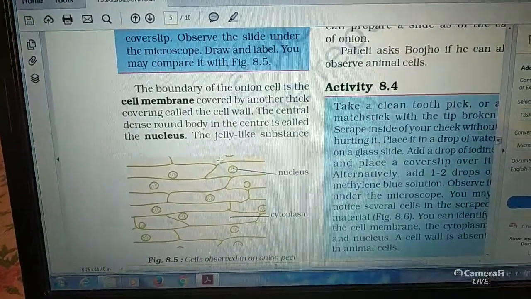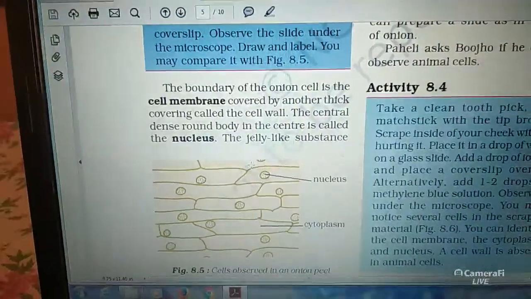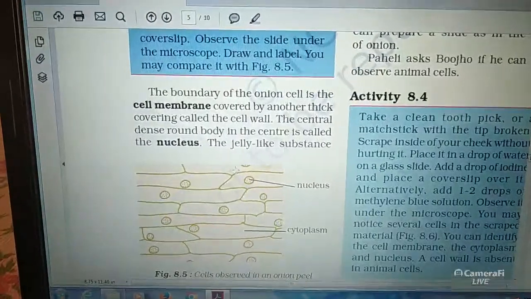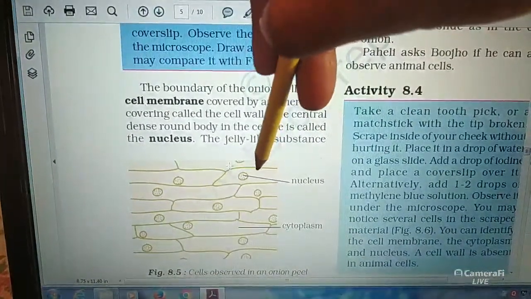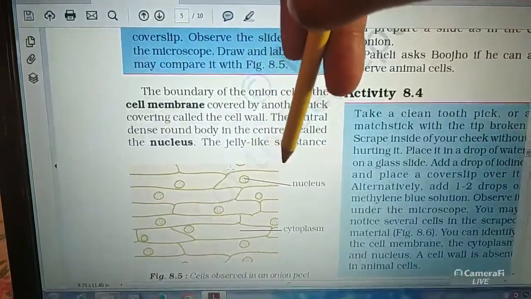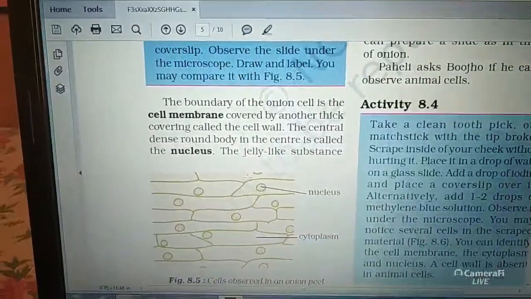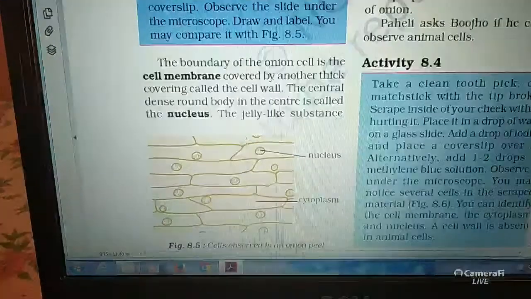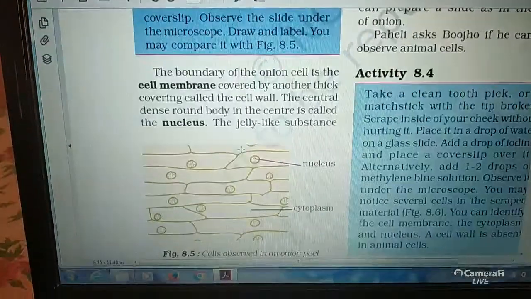Now the difference is there. The cell membrane is not shown here because this is a very microscopic structure. A high resolution microscope shows that the cell membrane is porous. Here you can see some pores, which allow the movement of nutrients and other secretions in the cells.